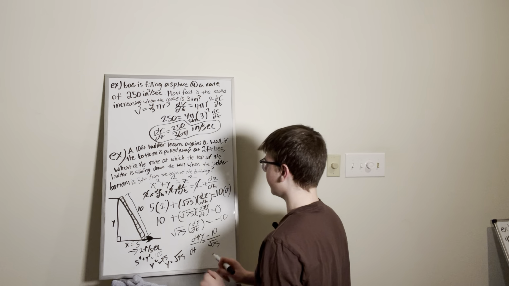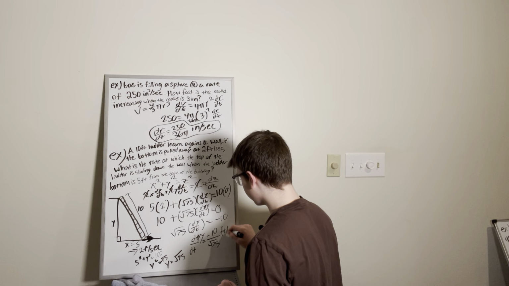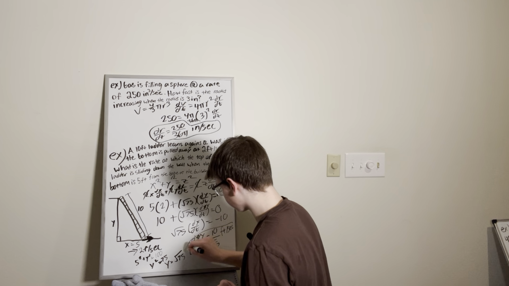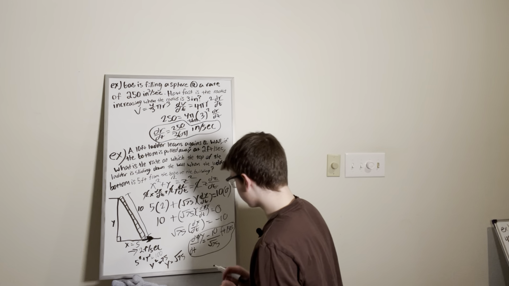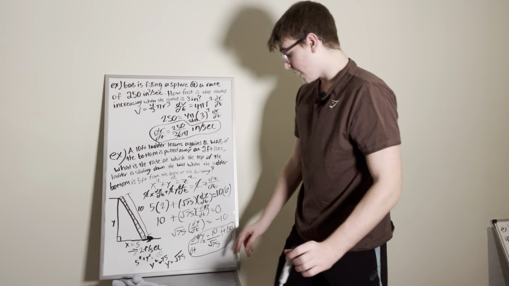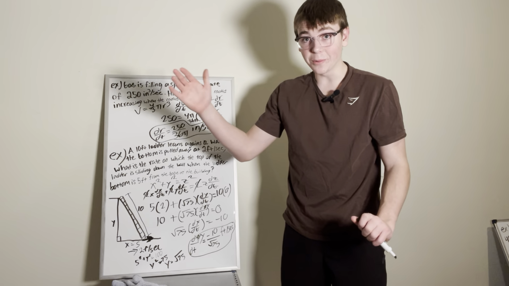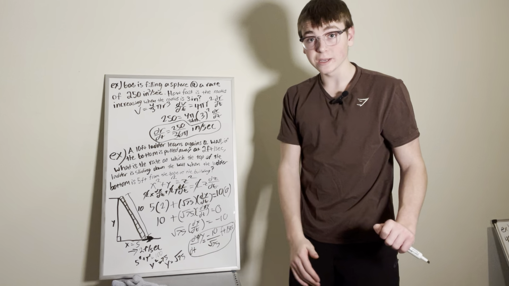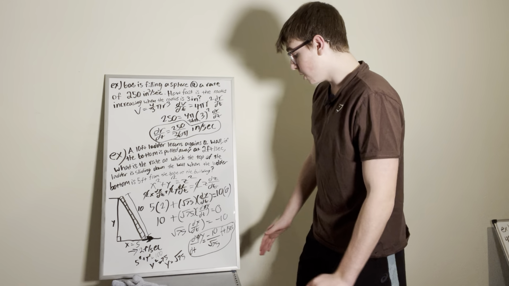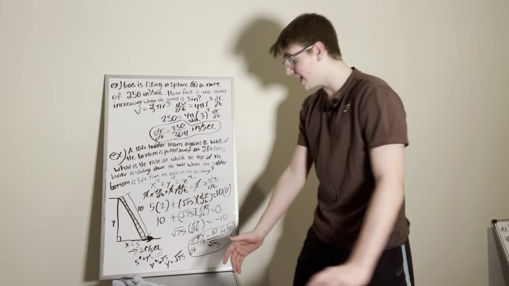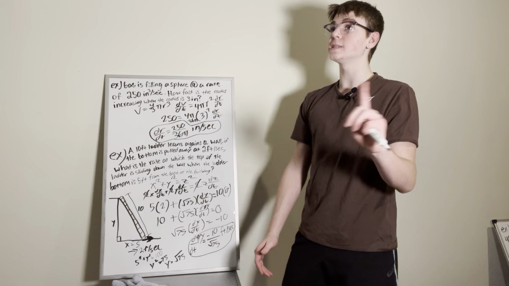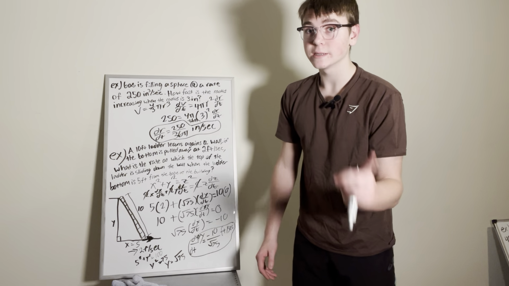It's measured in feet per second. Negative means it's going down, the distance is decreasing, which is good. So we know it's sliding down the wall at 10 over root 75 feet per second.